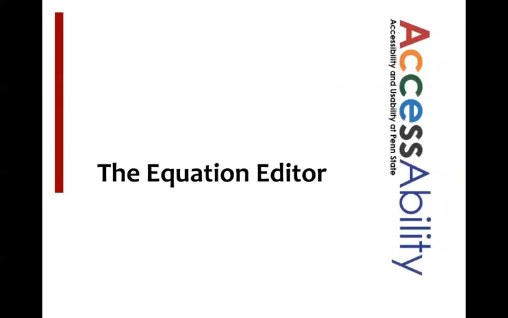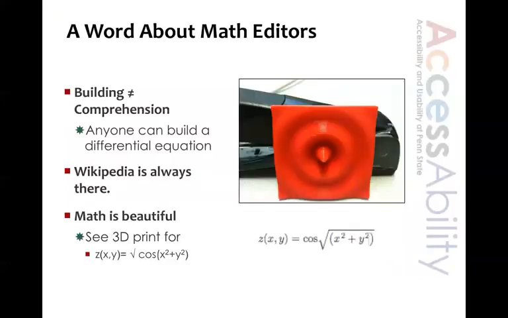So the first piece of the puzzle is the equation editor. Everything starts there, and there are some good ones that are very helpful. When you're faced with dealing with math, you don't have to understand all the symbols to use them. You just have to know where they go in the equation.